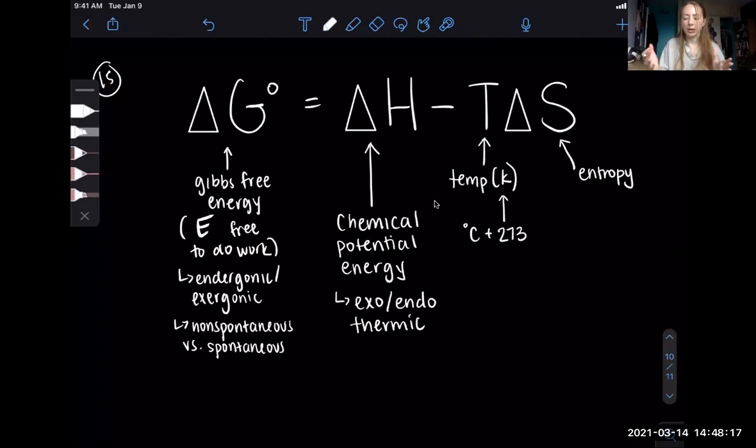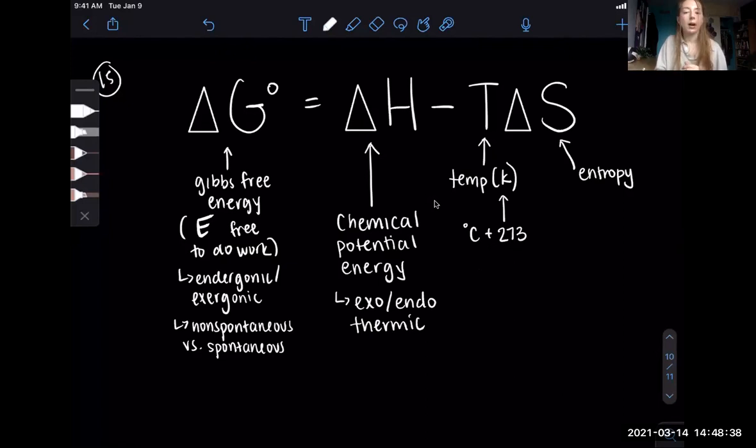That is a reflection of the chemical potential energy based on bonds or chemical interactions. And this will tell you if something's exothermic or endothermic. And then you'll have the temperature here. Never forget to convert to Kelvin by adding 273.